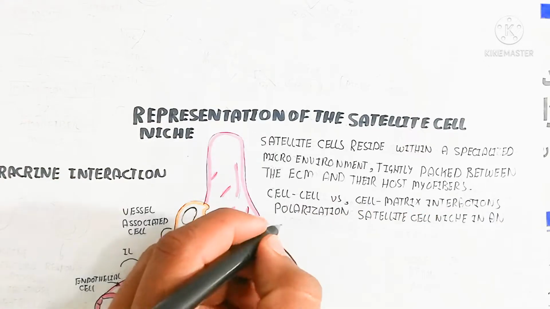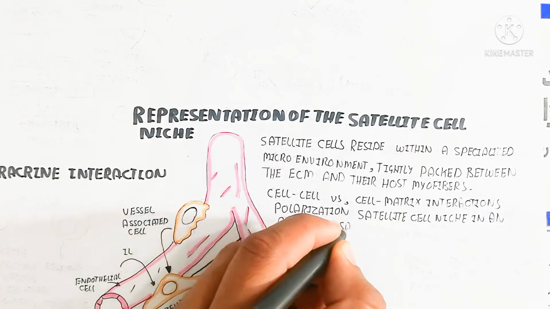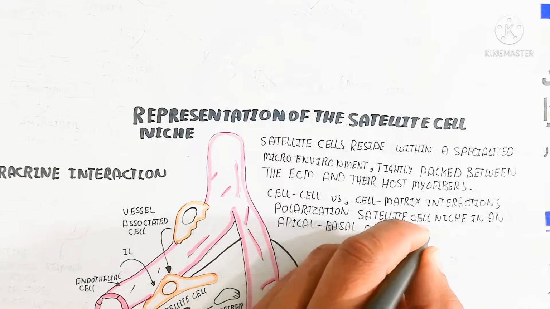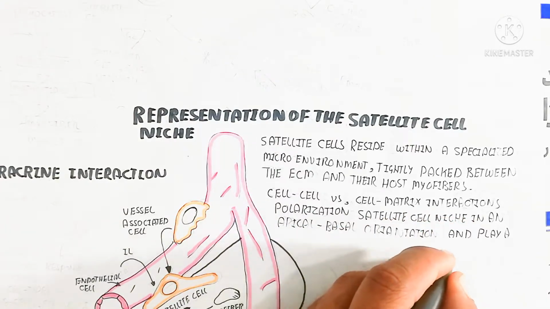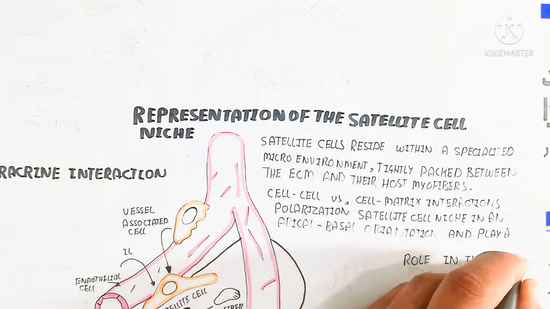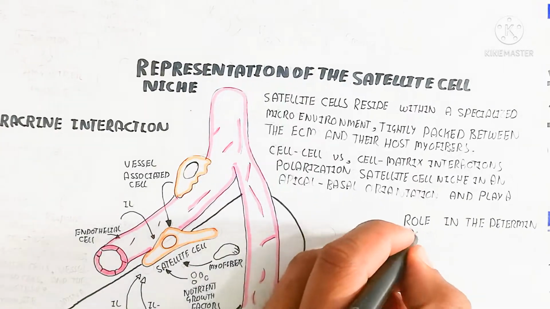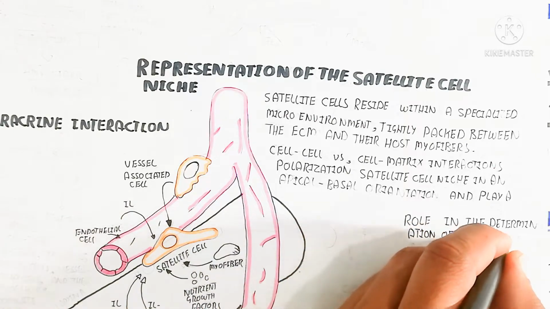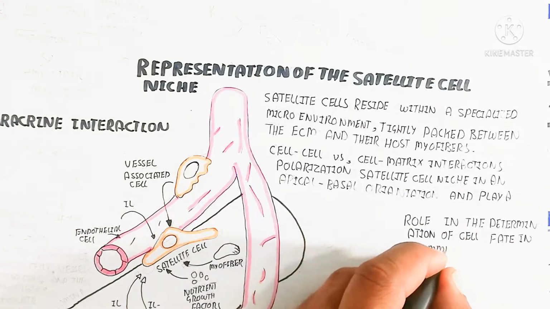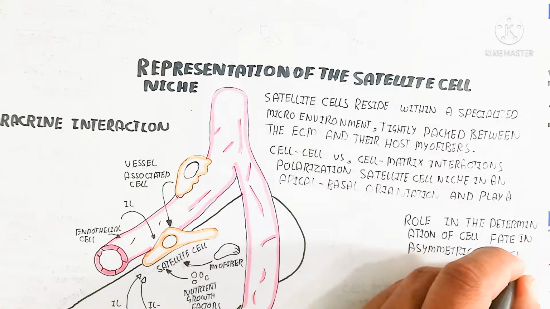And polarization: the satellite cell niche has an apical basal orientation and plays a role in the determination of cell fate in asymmetric division.